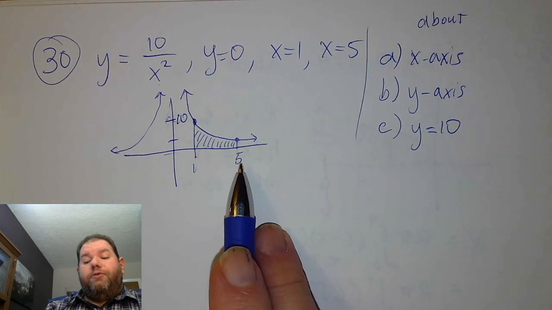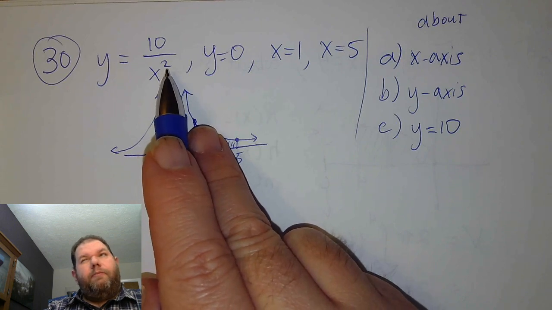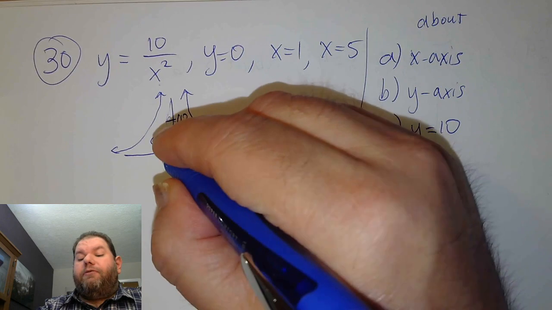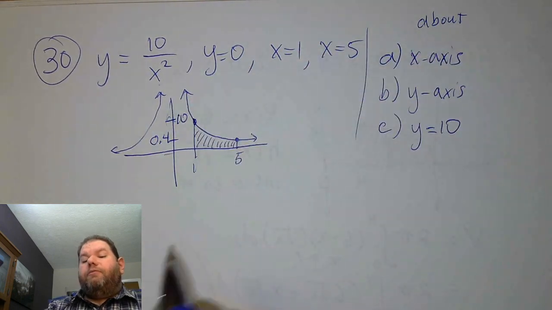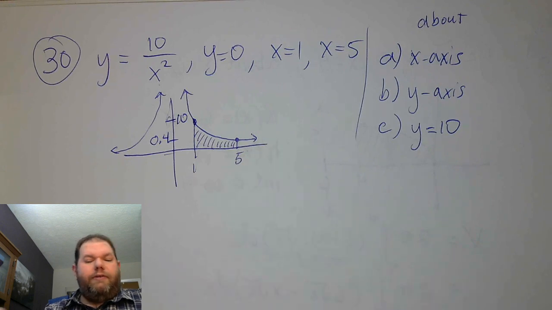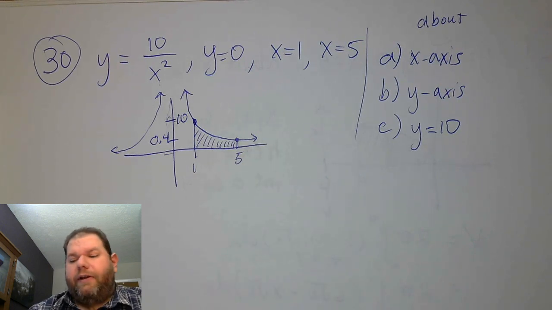And at x equals 5, 5 squared is 25. 10 divided by 25 would be 0.4. So this graph is actually a lot more tall than it is wide. It's just how I drew it, so it's not to scale, let's say.